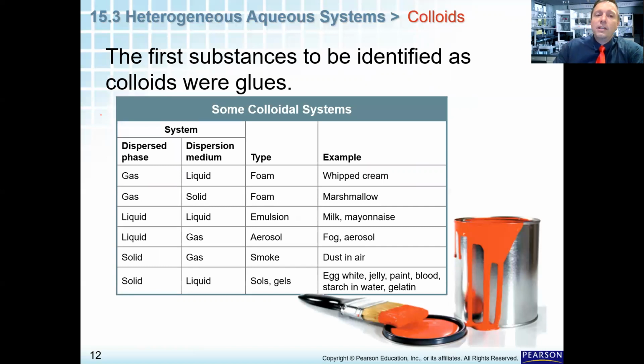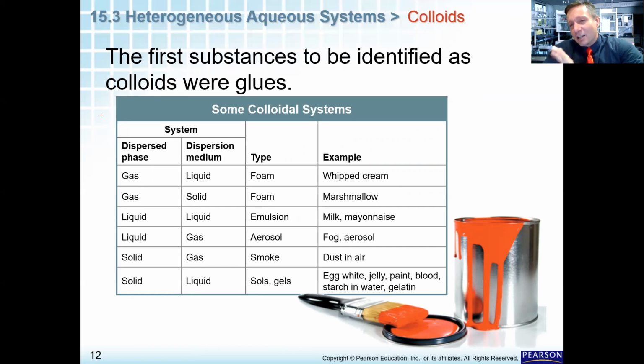So some common colloids that we all know about. Whipped cream, the gas is in the cream. It doesn't fall out, doesn't escape. It's just there. We talk about a marshmallow. It's a solid and it has gas in it, and it's spongy, you know, by the feel of the marshmallow. It doesn't escape. It stays in there, so that's a colloid.